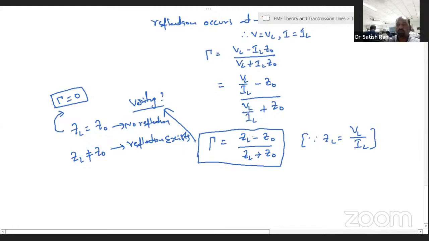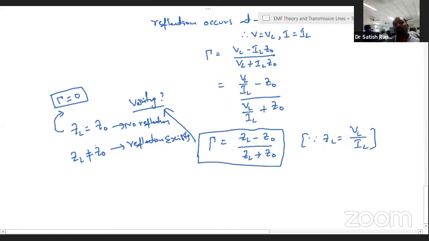So 0 by something is 0. So whenever load impedance is equal to characteristic impedance, reflection coefficient is equal to 0, in the sense that no reflections take place.